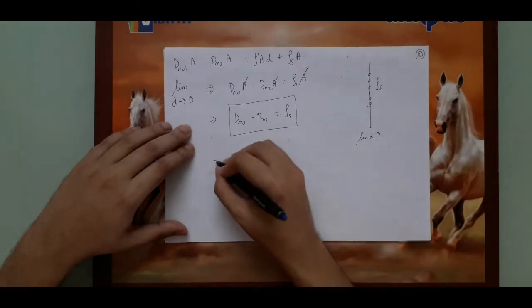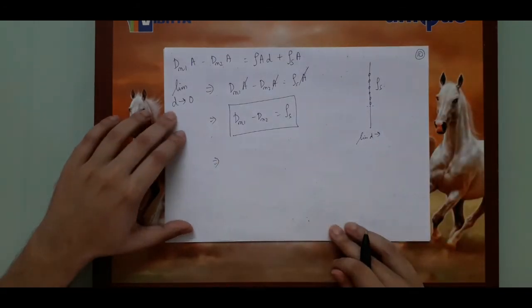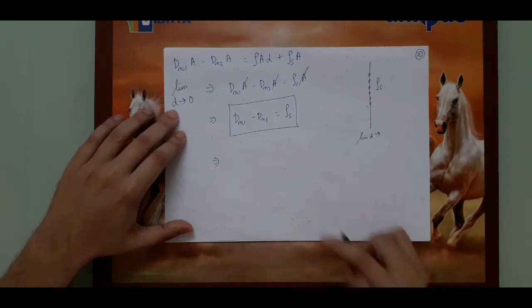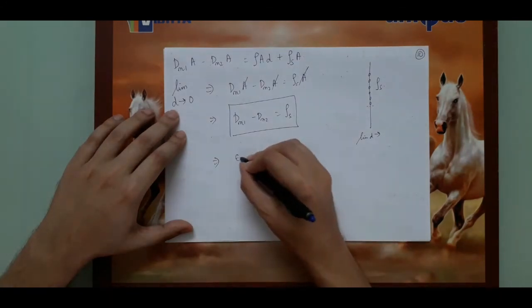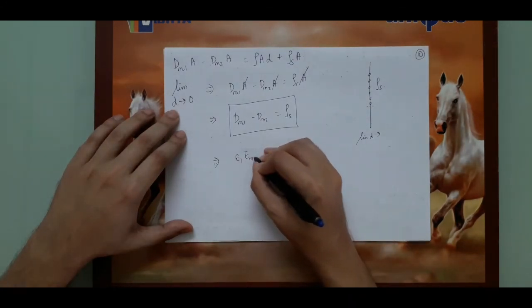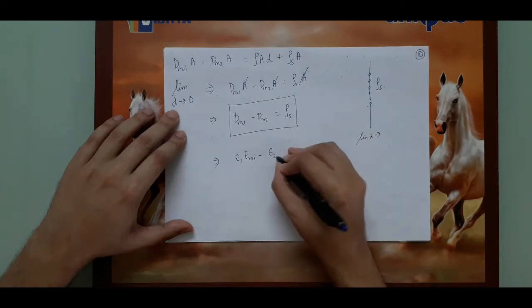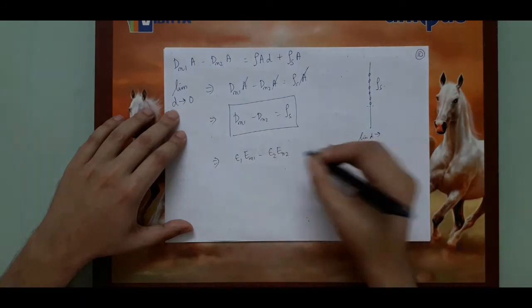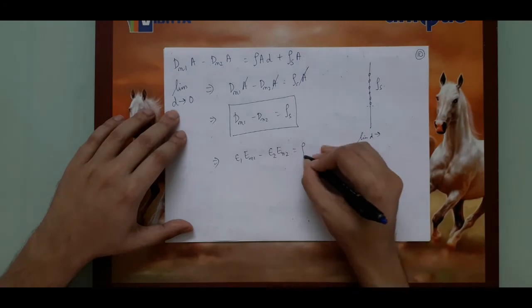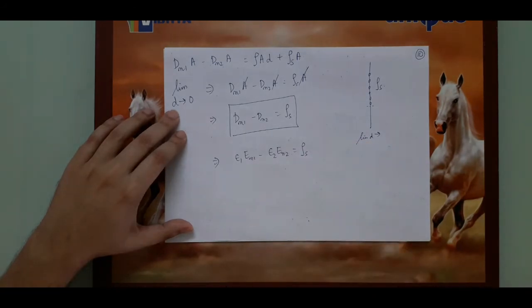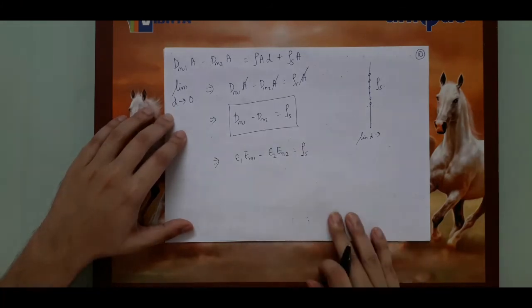So if I want to write this in the form of electric field, I can write this as epsilon 1 times En1 minus epsilon 2 times En2 is equal to rho s. So whichever one you want, you can write.